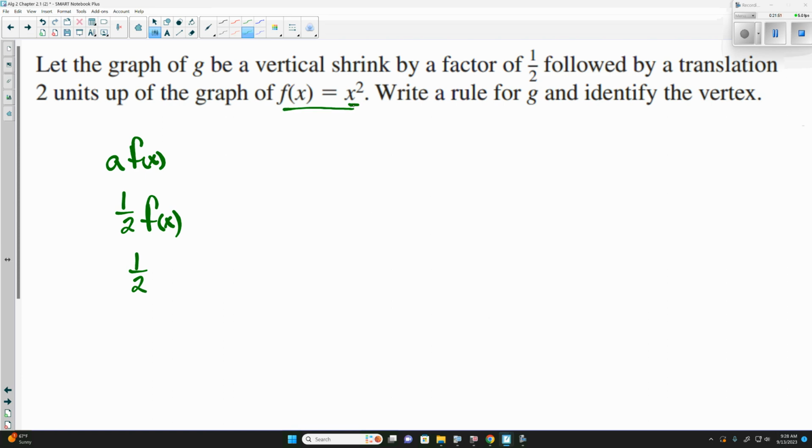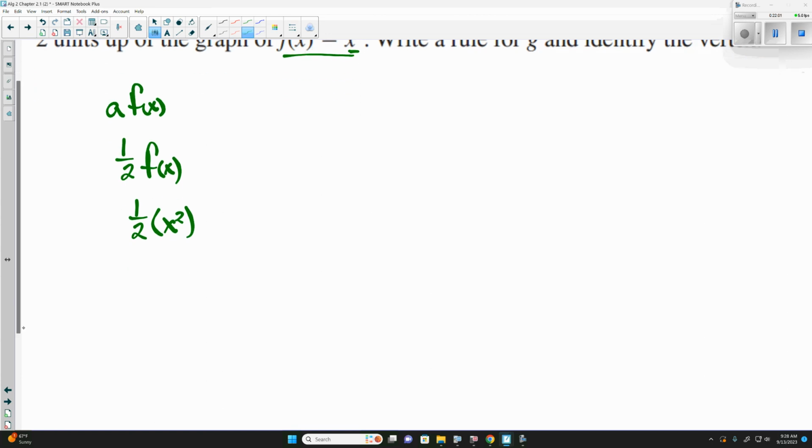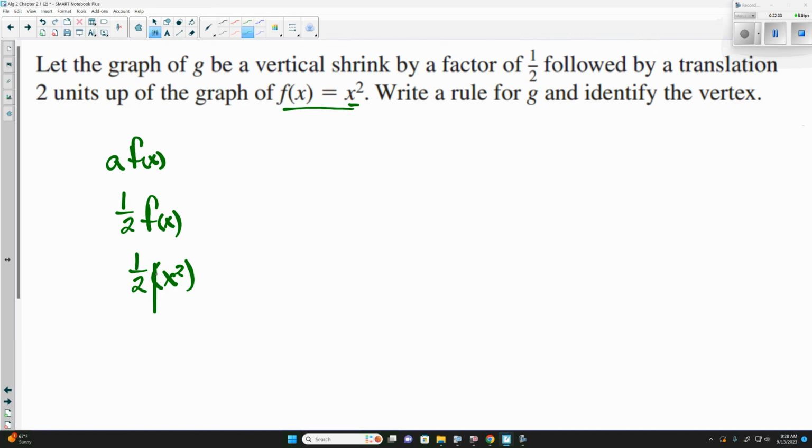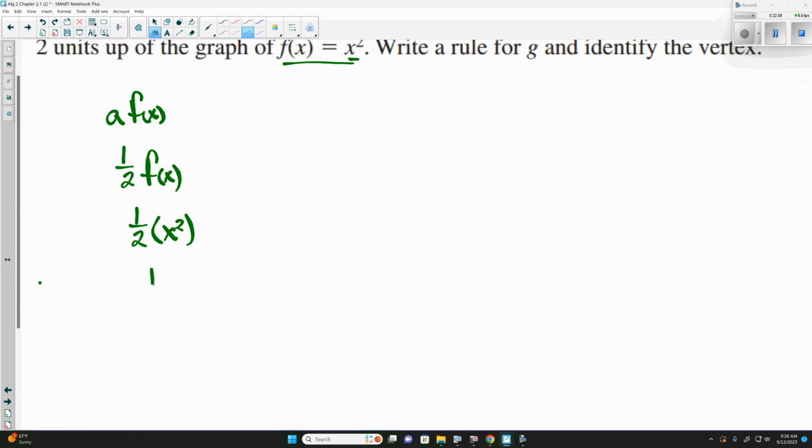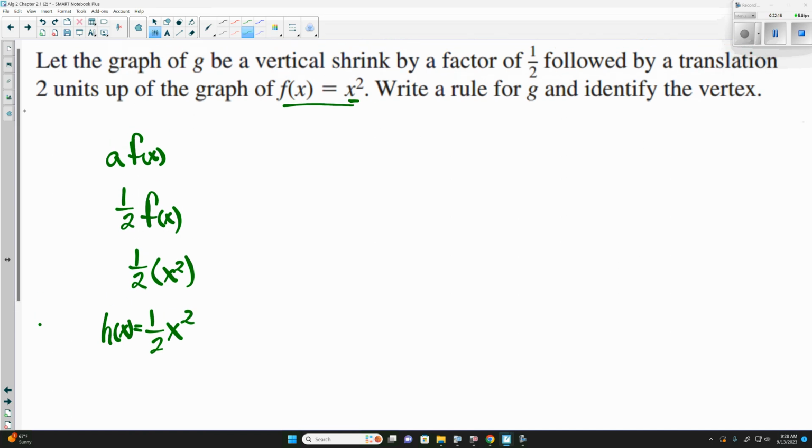We can just replace it with x squared. And last but not least, to simplify, we'll do 1/2 times x squared, which is 1/2 x squared. I'm just going to call it h of x.